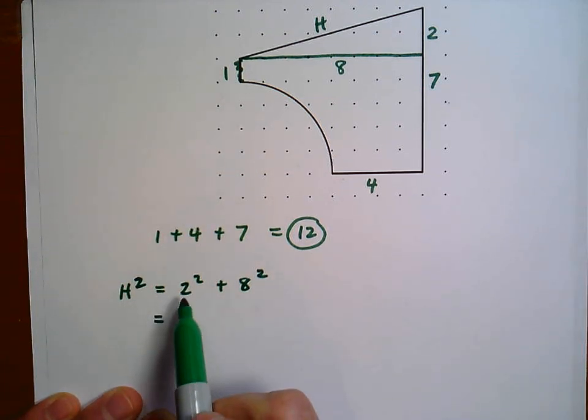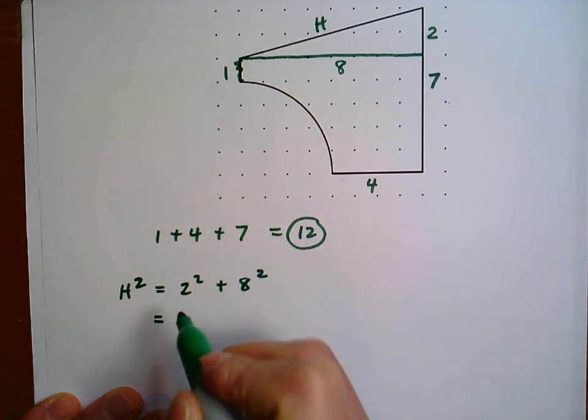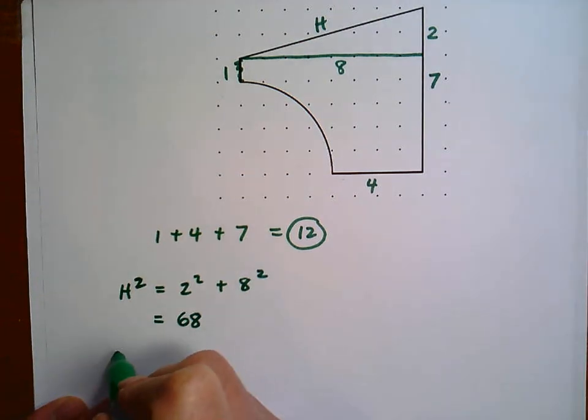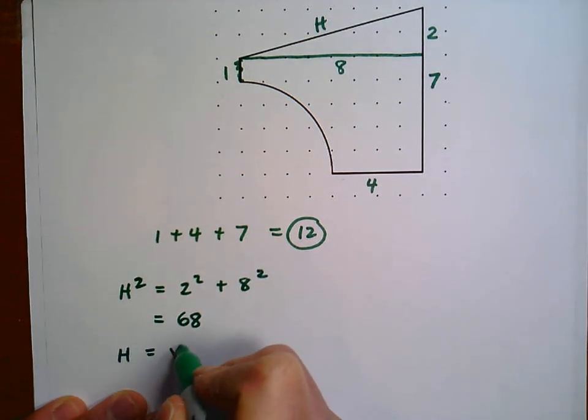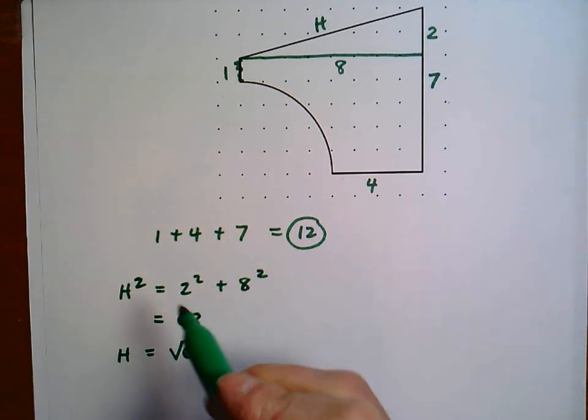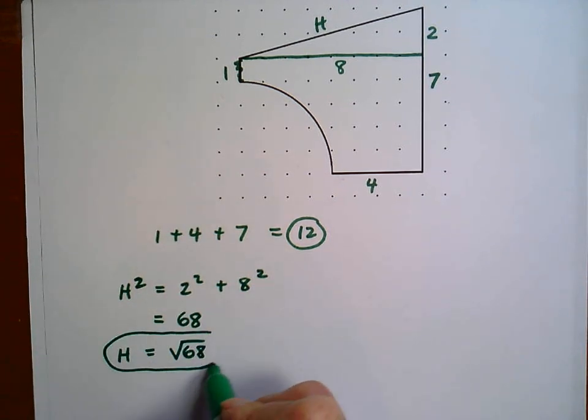And then you can calculate 4 and then 64. So you get 68. So to get h, you can take a square root. So you get square root 68. So I'm going to circle this too because that gives us more of the perimeter.